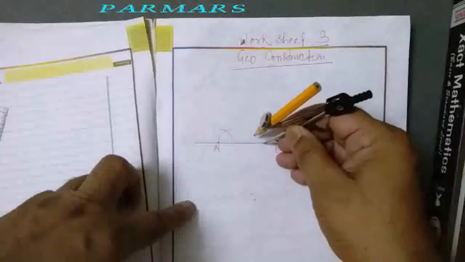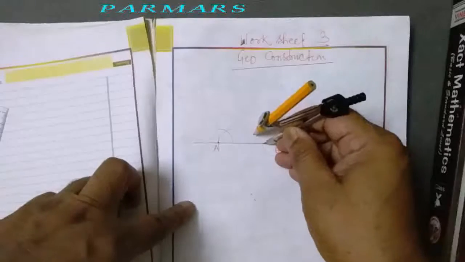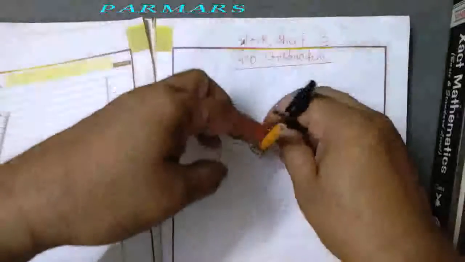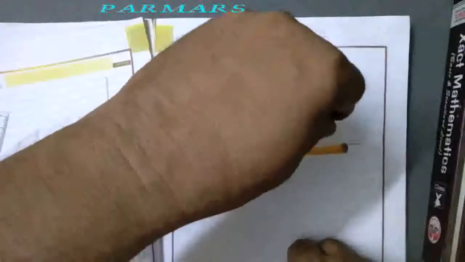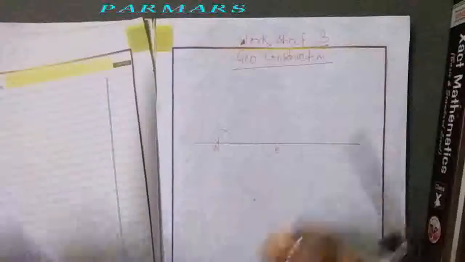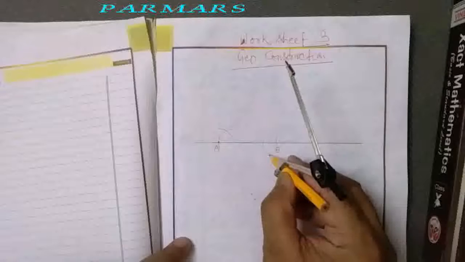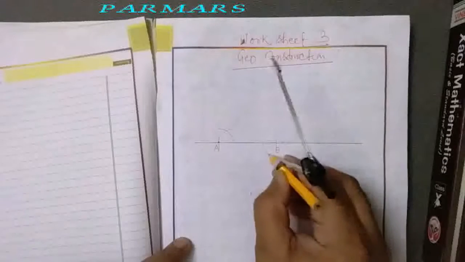Then put a point at the intersection of the arc and the line, and then cut the previous arc with a single cut. Okay, and then this is the point, check it minutely.